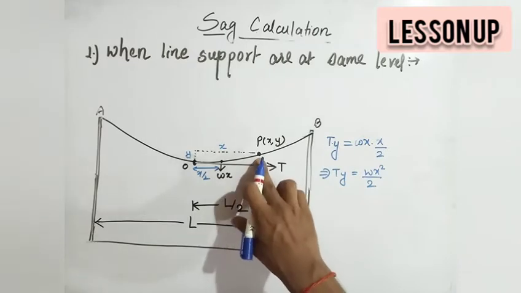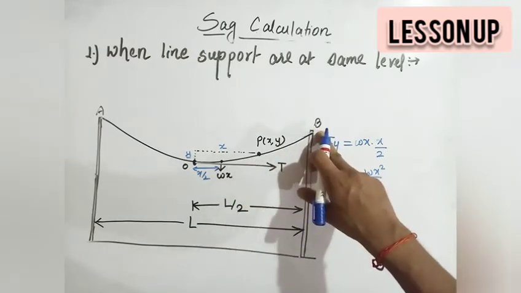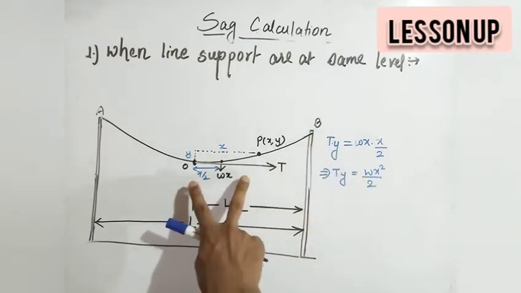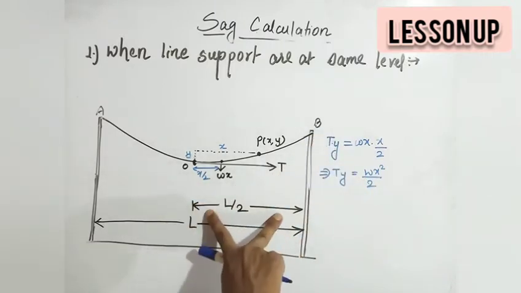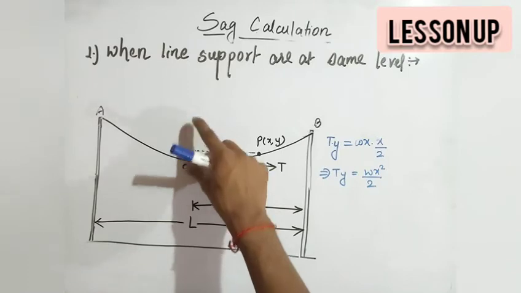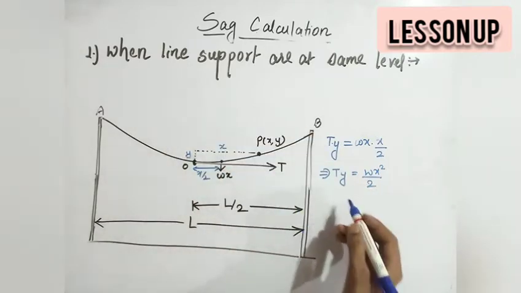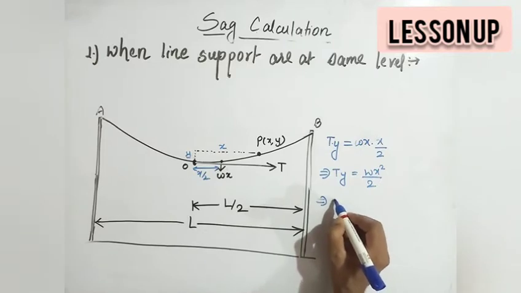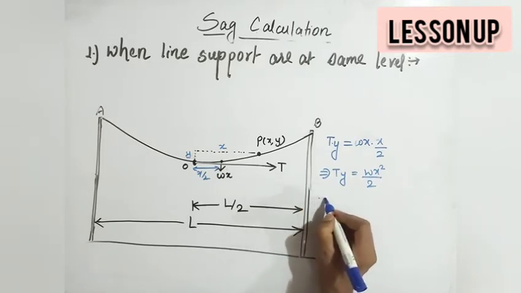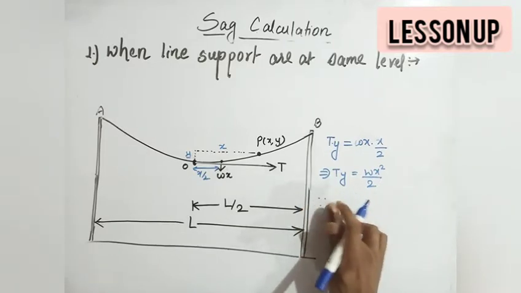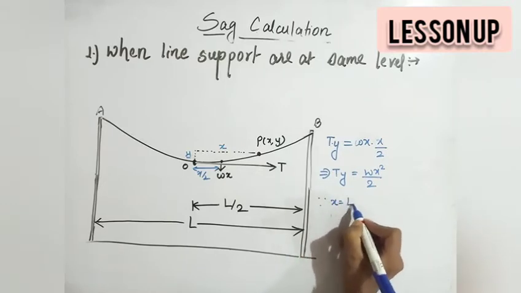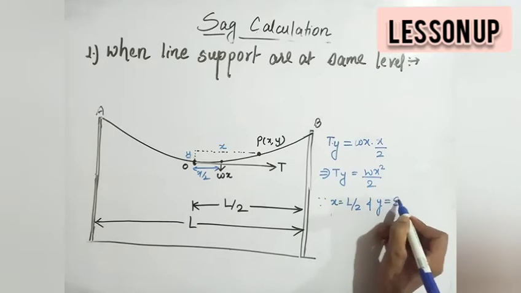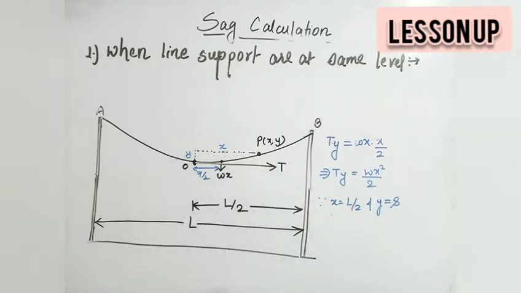Now we will extend this point to B. If you extend this point to B, x becomes L by 2 and y becomes sag.